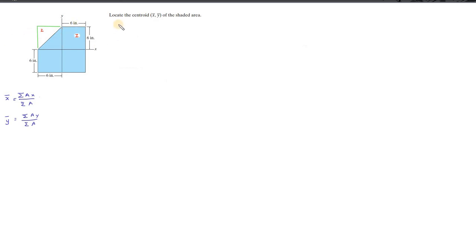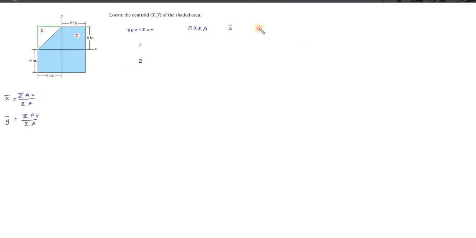So I like to set up a table, and how I set my table is I have my different sections, section 1 and section 2. By looking at this formula, I know I'm going to need the area for both sections. I'm also going to need the X bar, which is the distance in the X direction from the axis.